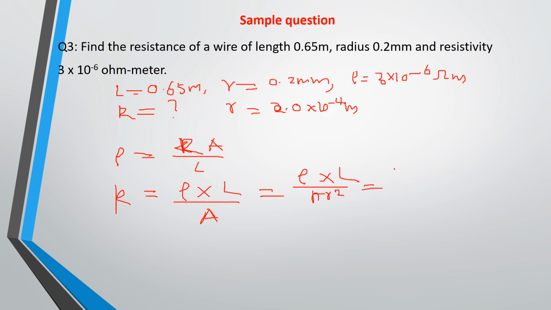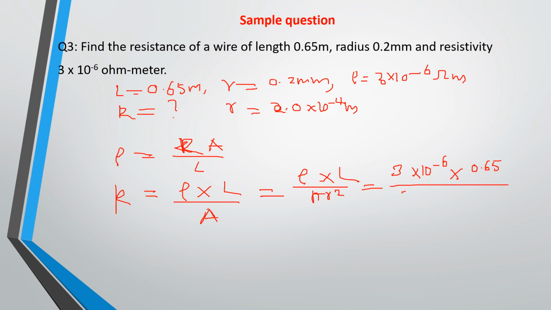You have 3 times 10 raised to the power minus 6 multiplied by the length, which is 0.65, all over the area.